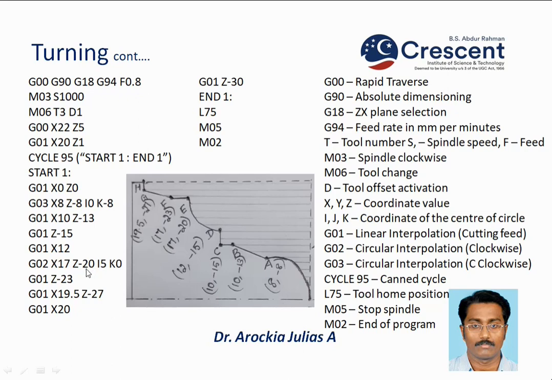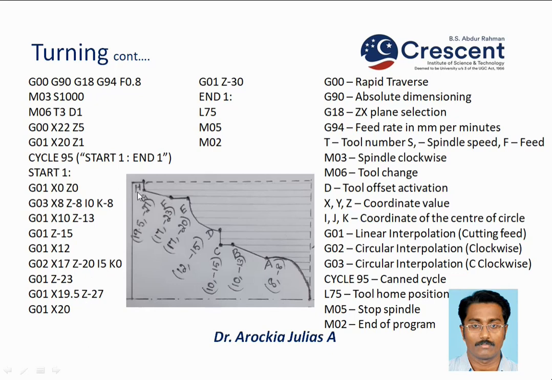Okay, the center point moves 5 units along the D value vertically, and in Z there is no movement. So I equal to 5, I5 K0. Okay, there is a circular interpolation clockwise. Next is a horizontal line. So G01 Z minus 23. Only Z value changes, X value is not changing from E to F.